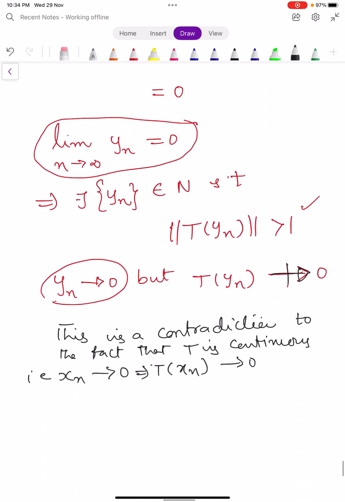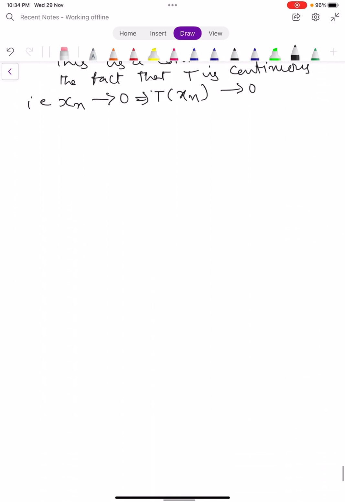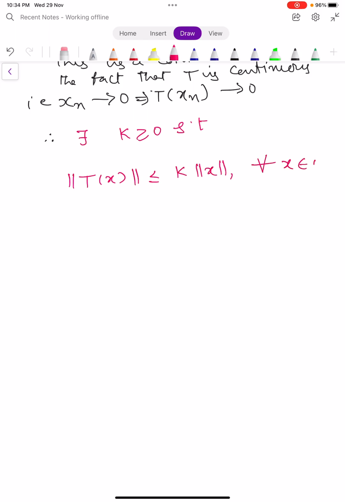This is wrong. So what is right now? Therefore, there exists a real number k greater than or equal to 0 such that norm T of x is less than or equal to k into norm x for all x belonging to capital N. This condition shows us capital T is bounded. Hence, this proves that condition 2 implies 3.